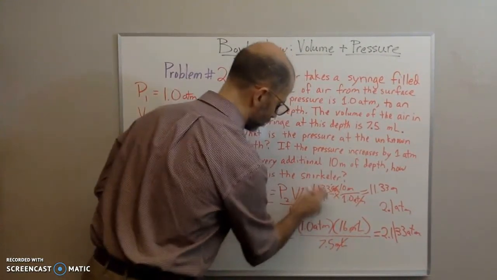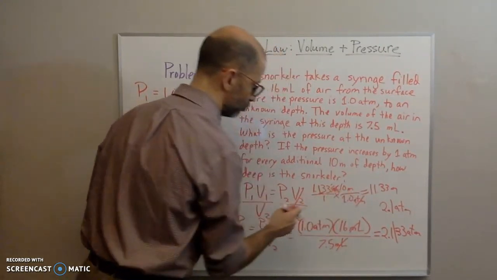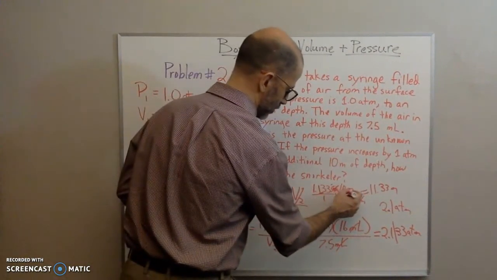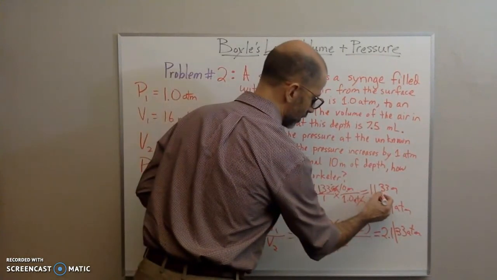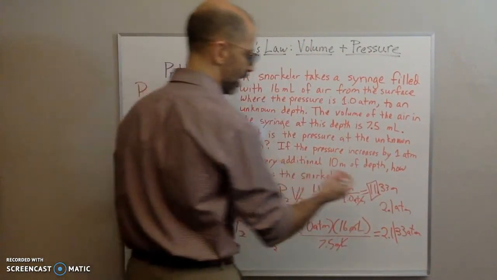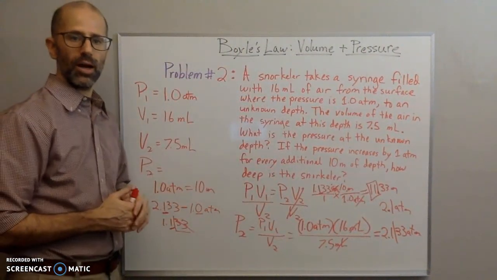Once again, I'm only allowed, for significance, the 1 there. This has 2 sig figs, this has 2, this has 2. We'll count that as 2 for every 10 meters. And so the final answer I have is 11 meters. That would be the depth that I've gone down.